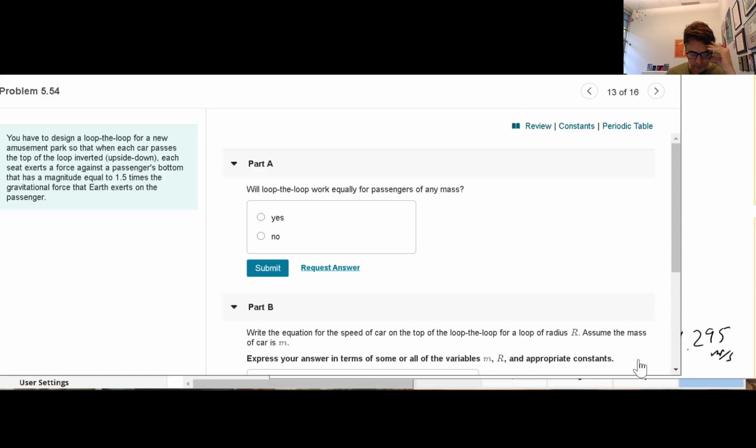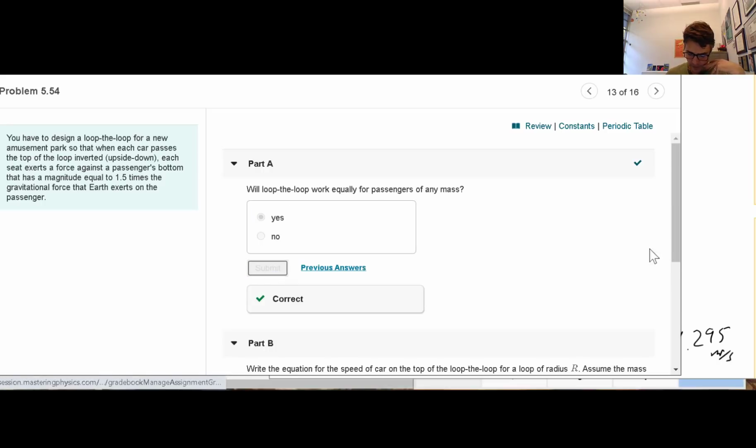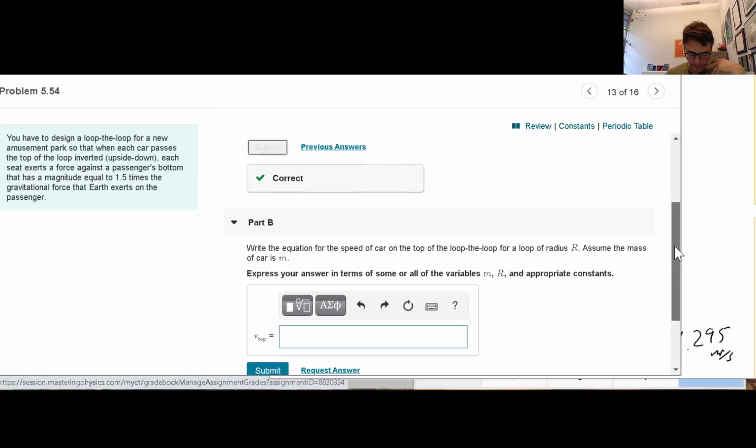Will the loop work equally for passengers of any mass? I would think so, because what you're going to do is set up the acceleration so that this normal force is mg times 1.5, right? That's my gut feeling there.